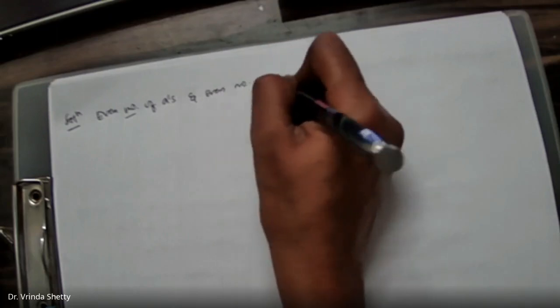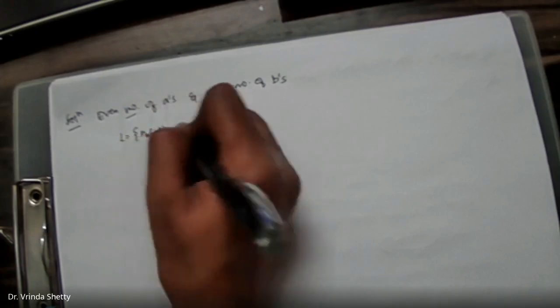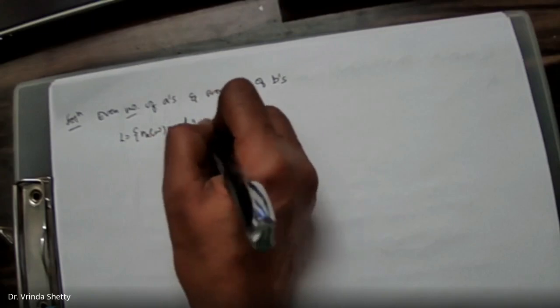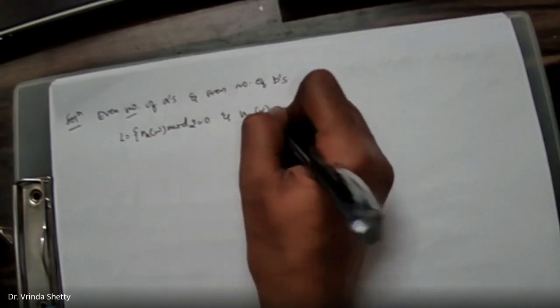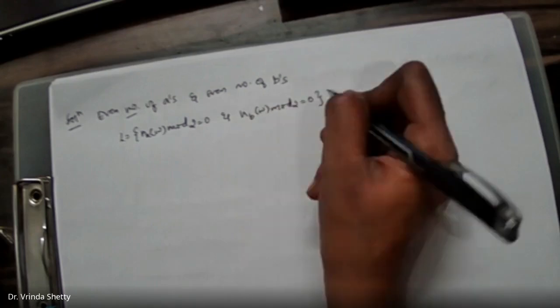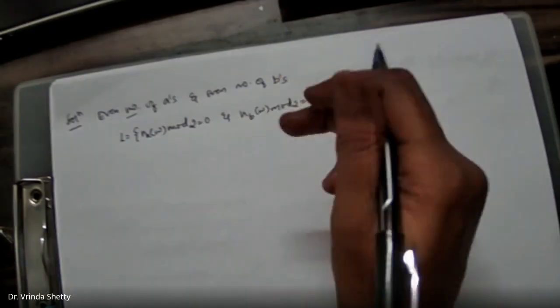To solve this problem, the language can be written as L = {w | number of A's in string w mod 2 = 0 and number of B's in string w mod 2 = 0}. So here the given language we are going to write like this.